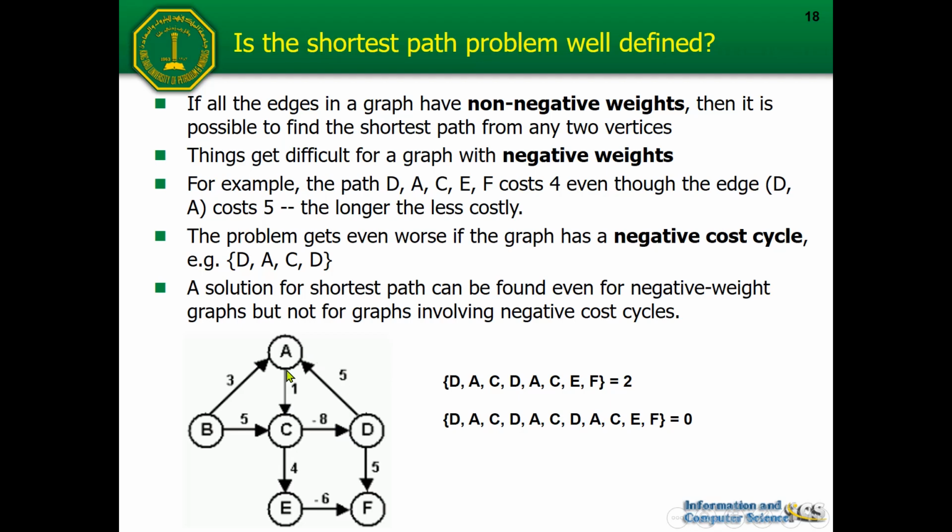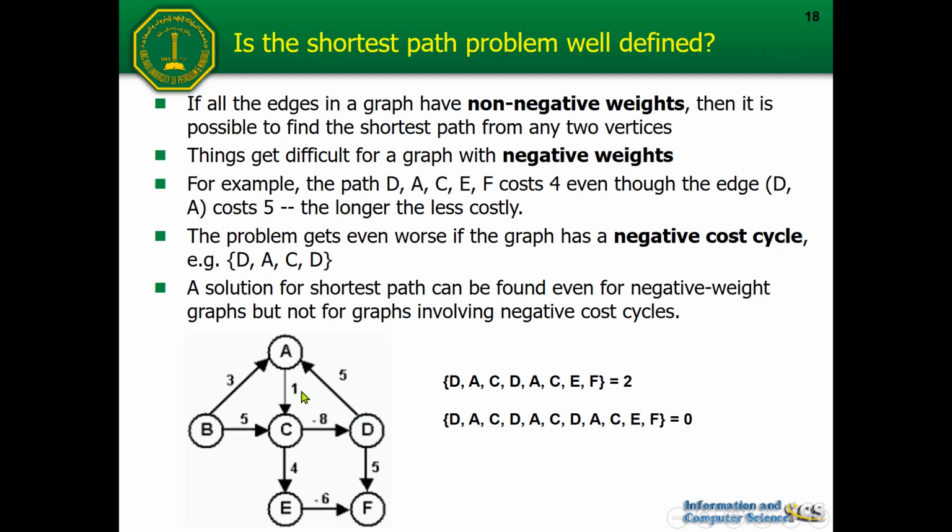so we call it a negative cost cycle. For negative weights, usually we can use a standard algorithm, the one used for the shortest path problem with all positive weights. But if you have a negative cost cycle, usually you want to use another algorithm, okay?